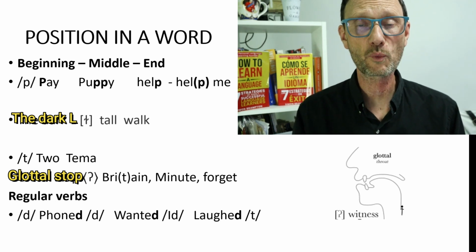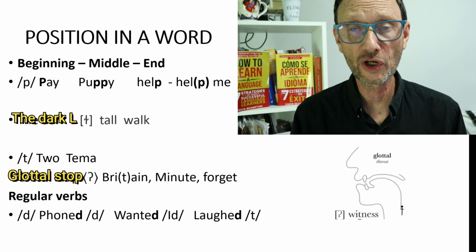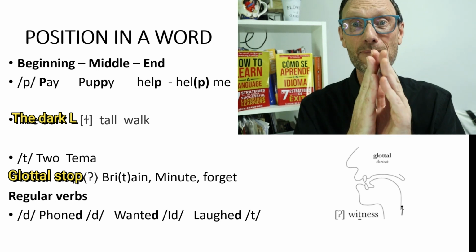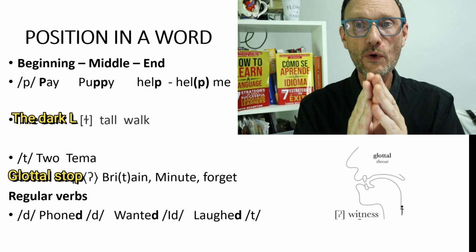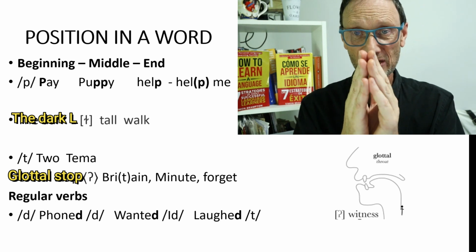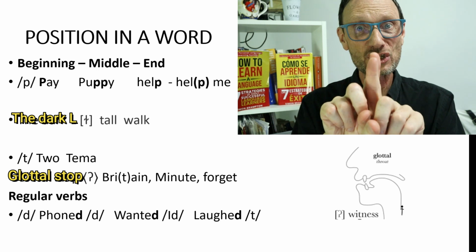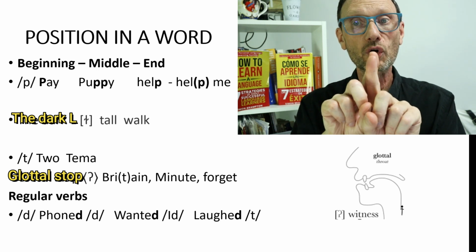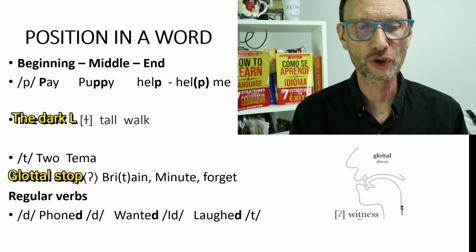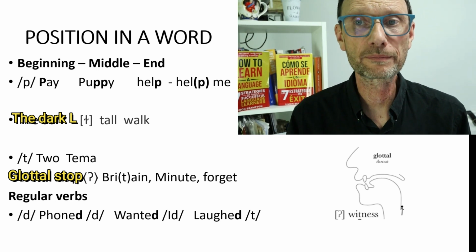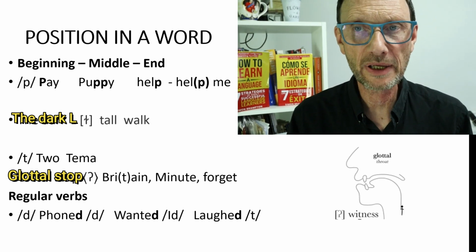And if I use it with another word, then it gets assimilated. There is another video about connected speech and how 2 sounds together can change or disappear. Let's have a look. Help me. So I can say help me or help me.